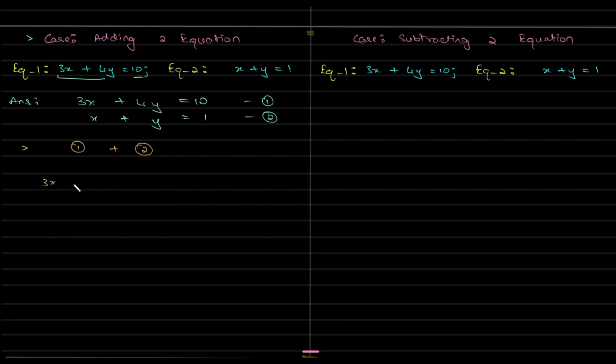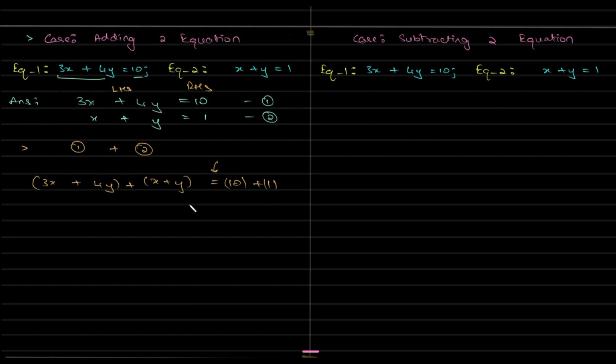So we have 3x plus 4y being added with x plus y, which is equal to 10 plus 1. Again, just do the normal stuff wherein you are adding expressions, right? Just that you have a left hand side and a right hand side, and you need to handle them separately. That's it. There's nothing else. The equals sign is extra stuff. If not, this is it.